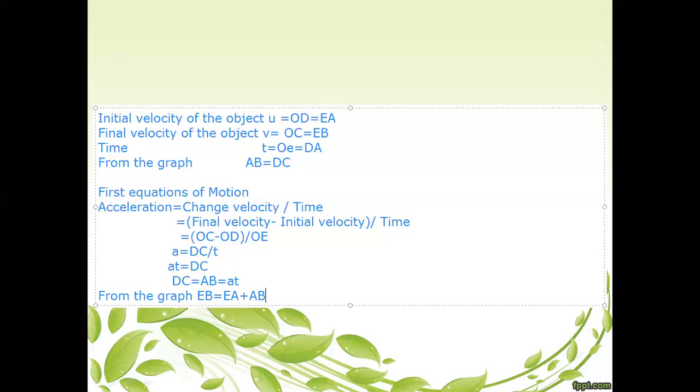What is EB from the graph? EB equals v, EA equals u, and AB equals aT.